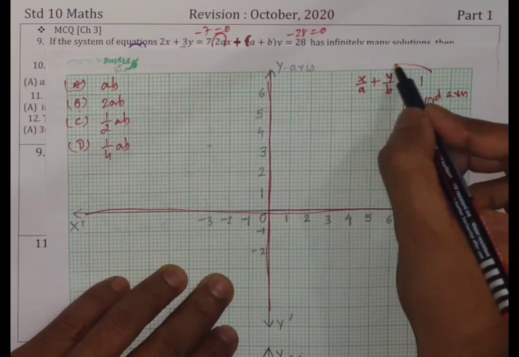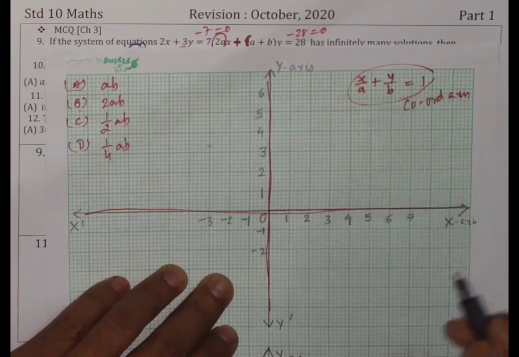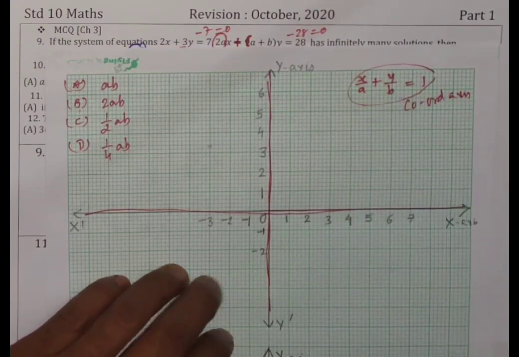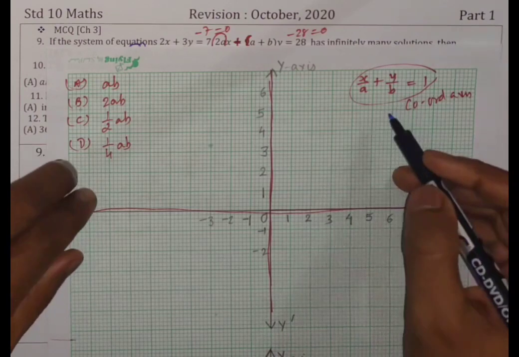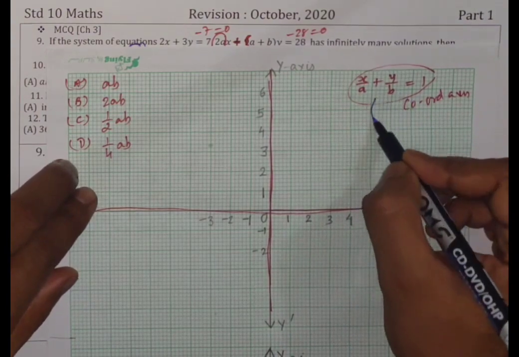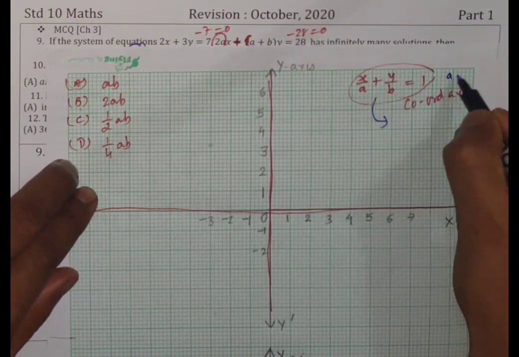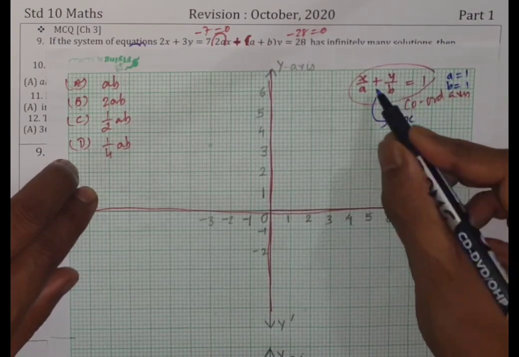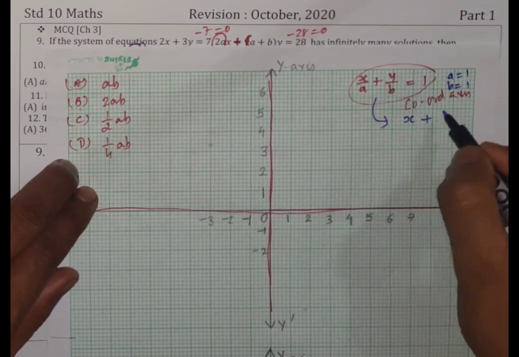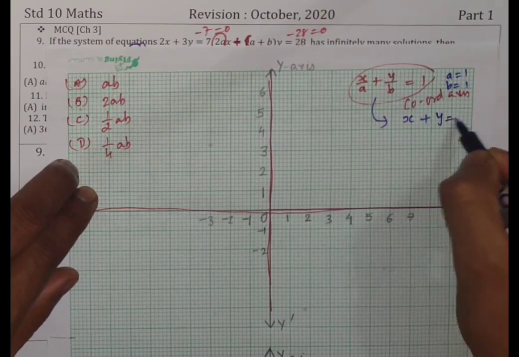Now you have to get the line, that is the graph of this equation. Now this equation is very tough and you don't know the values of a and b. To simplify it, what will be the best value of a which gives you the easiest equation? Take a equal to 1 and b equal to 1. You can't take 0. So you will have x upon 1, that is x, plus y upon 1, that is y, is equal to 1.